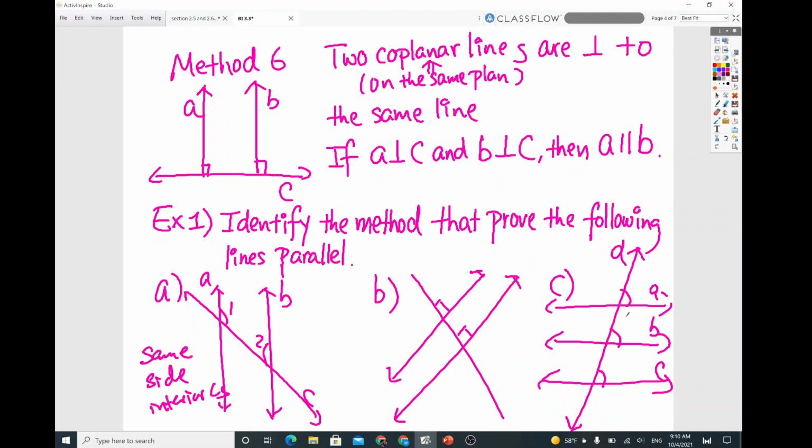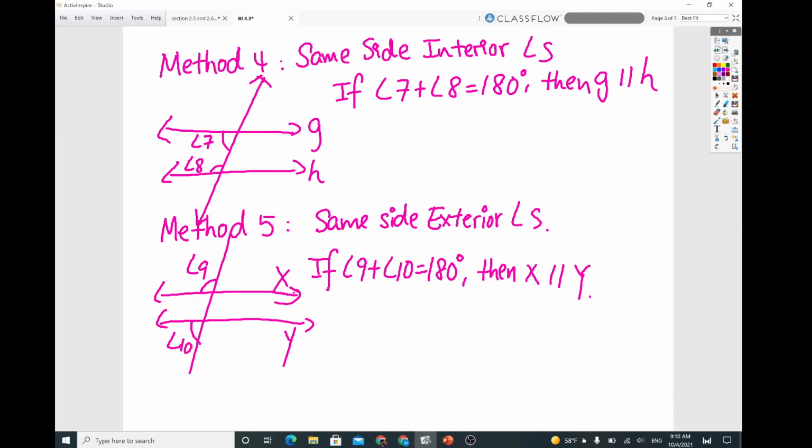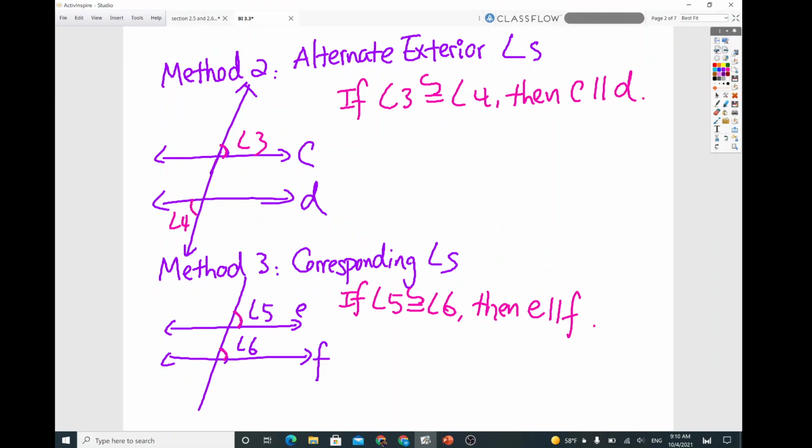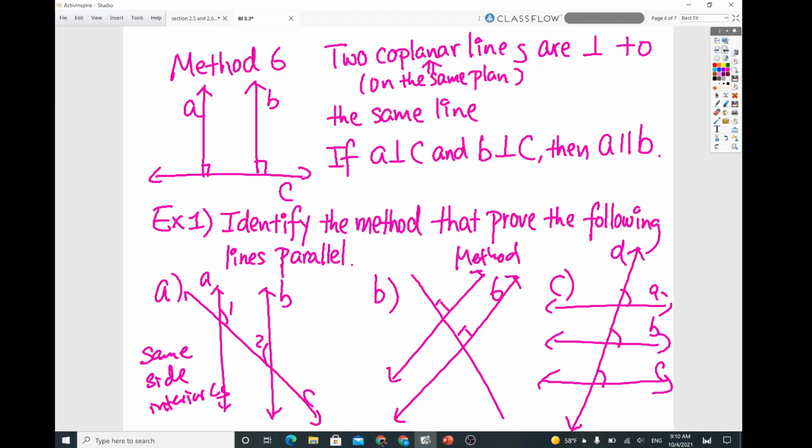And then for C, corresponding angles. I believe it's method number 5 or number 3. Just say it's the converse of corresponding angles.